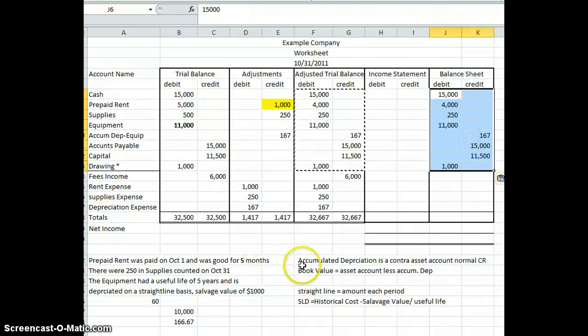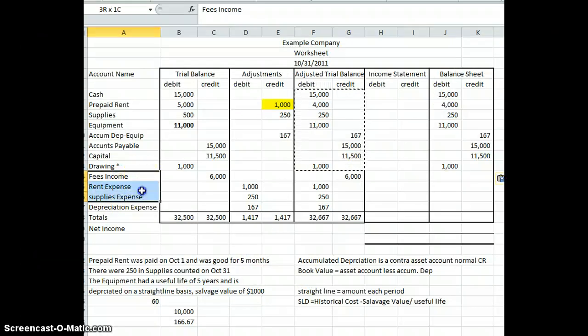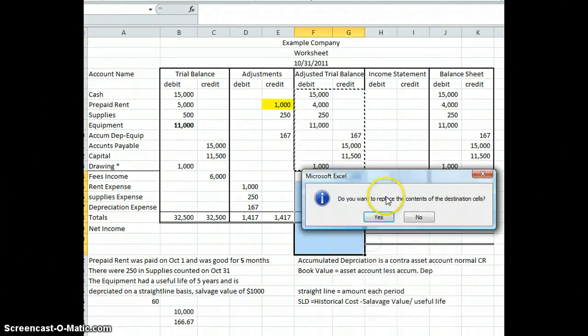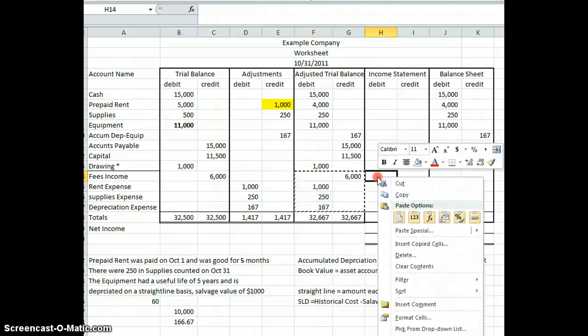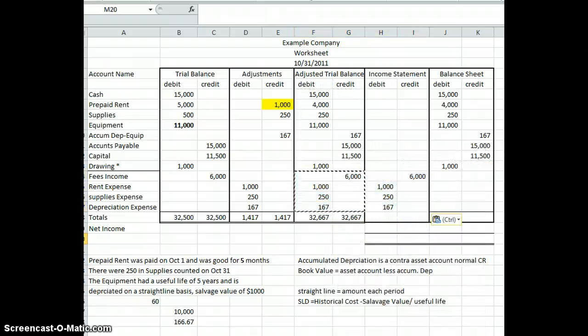And then the income statement has income and expenses, which we have listed right here. We're going to copy those accounts and put them right in the income statement. And then we're going to sum.